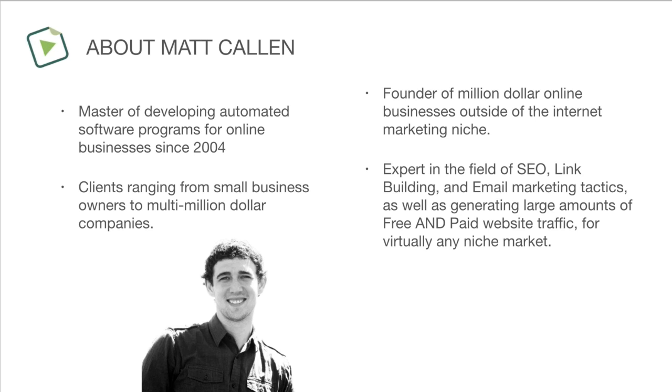Now he's also in dating or weight loss and personal development. You may know his brother Brad Callen, who's also in other niches outside of internet marketing. And he's also, like I said before, an expert in the field of SEO, link building, email marketing. You may have heard of some of his products, like SEO IQ and Rank Recon, and some of the other products that he's created. So Matt is also here in the background.